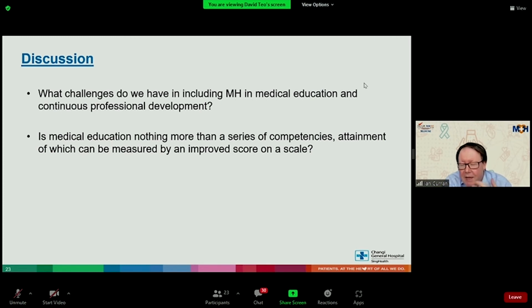And particularly, it goes back to the points that we've reiterated several times: the real importance of faculty being well prepared for these interventions. They've got to come from a place of appreciative inquiry and psychological safety, and that's quite an advanced skill set.